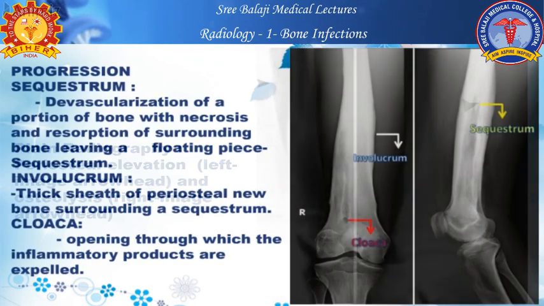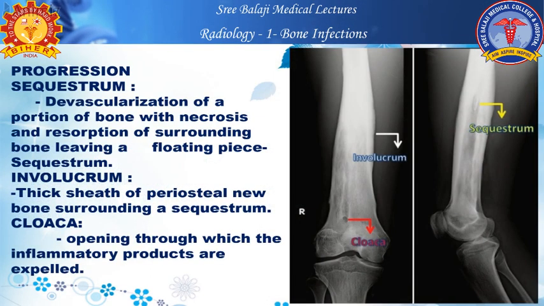Once the disease starts progressing from that stage, it manifests as dead bone in the infected area, called a sequestrum. The dead bone is radiodense on plain X-ray, surrounded by inflammatory changes in the bone marrow and a thick sheet of periosteal reaction, which is manifested as thick cortical bone overlying the infected area.